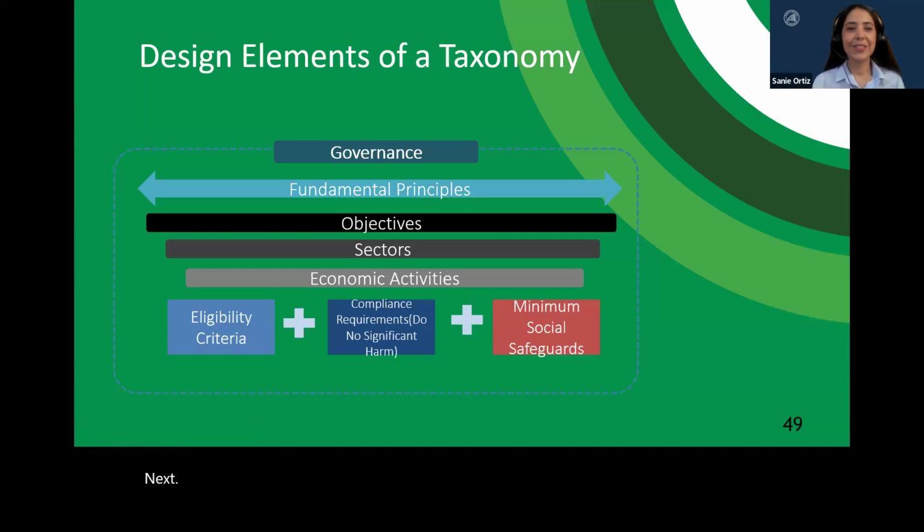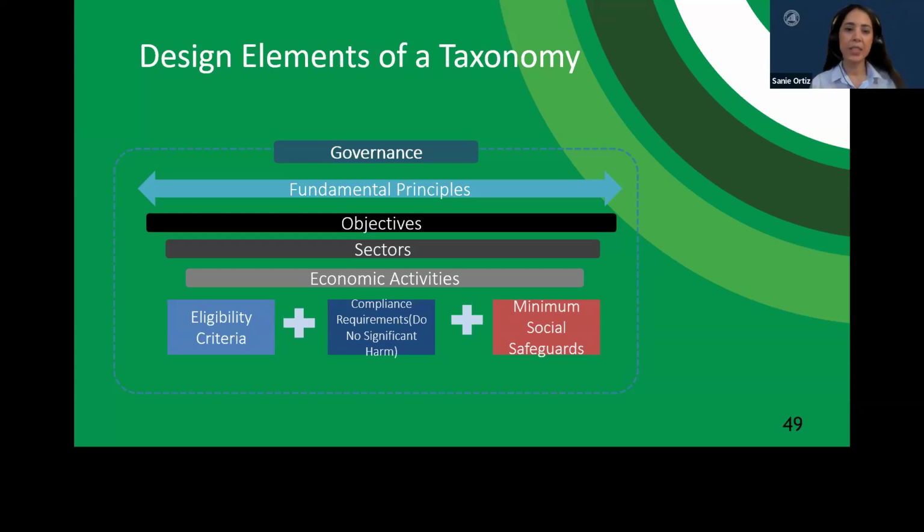Okay, so the taxonomy is designed with a governance of two authorities, the Ministry of Economy and Finance and the Central Bank, as a regulator of the financial system as well. I forgot to mention that. They set the fundamental principles and the objectives. Then with the technical expert group, they set the sectors and the economic activities.